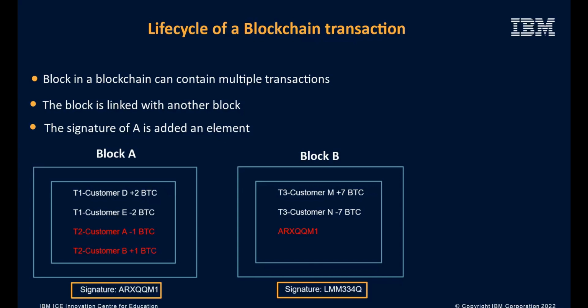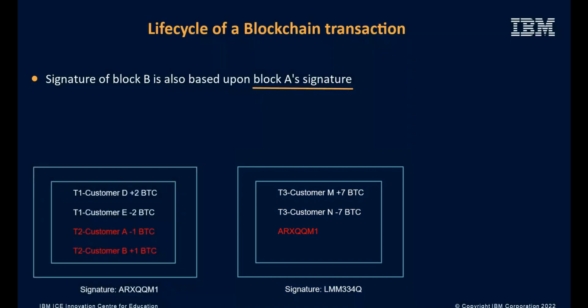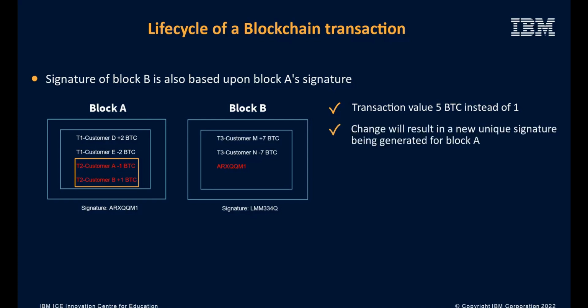Please look at the blocks here. The signature of block B is also based upon block A's signature. Suppose somebody tries changing the value of the transaction T2 in block A, making the transaction value 5 BTC instead of 1. In that case, the change will result in a new unique signature being generated for block A, which will be different from the earlier signature.